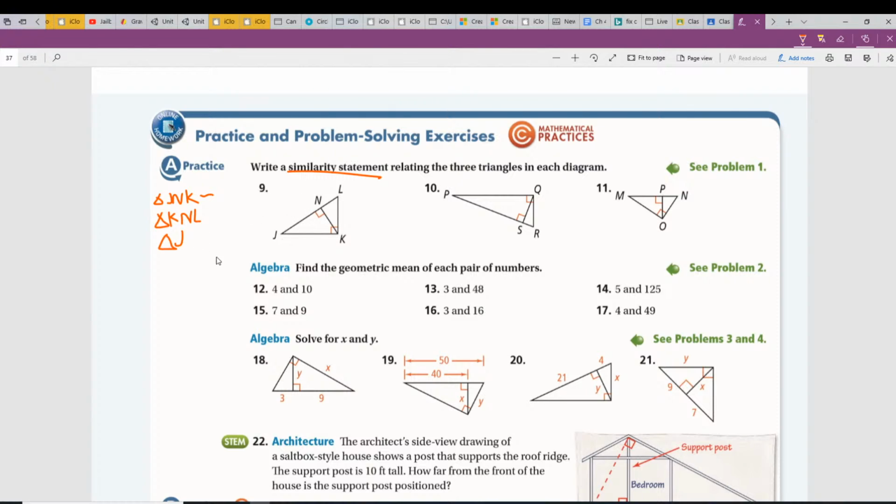So let's actually twist this. I'm going to be separating this. And we have N right here, and we have K, and we have J. So J is actually congruent with the biggest angle we have here.